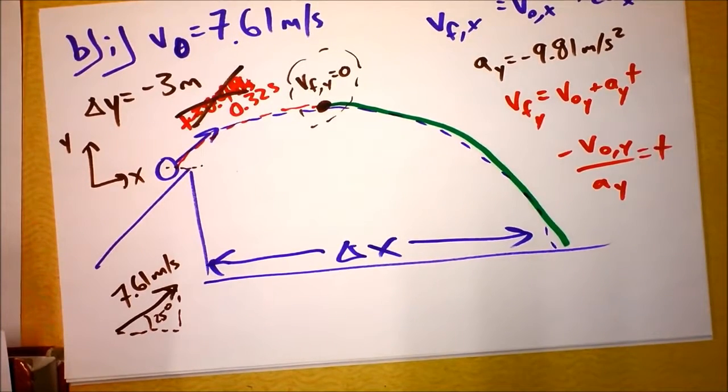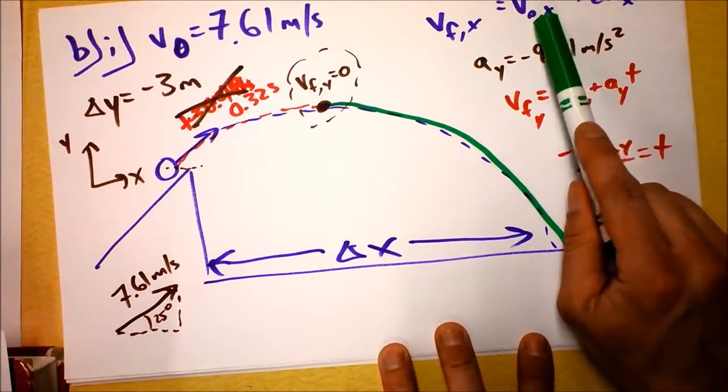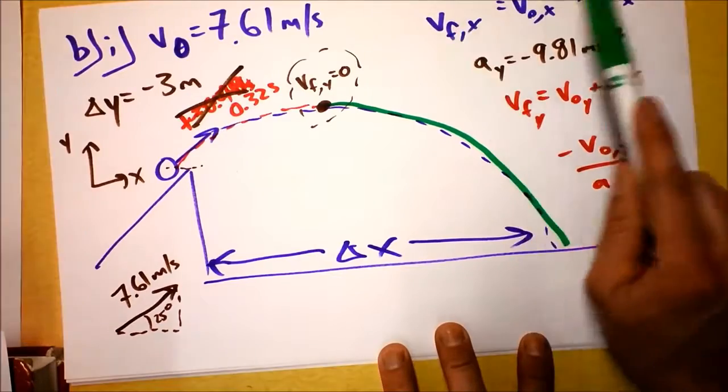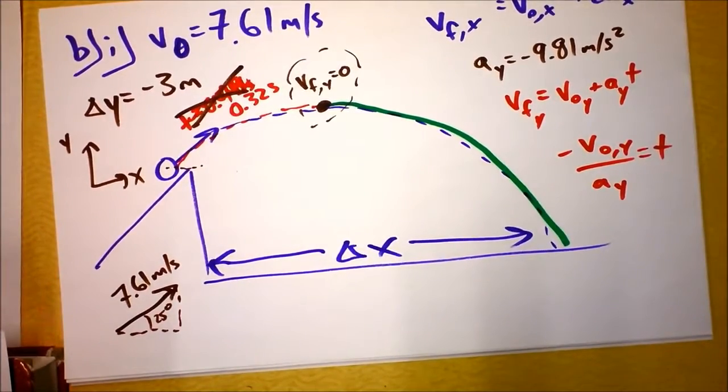The initial velocity in the y direction is known, and the final velocity in the y direction is not known, and delta y is not known. Oh, it went up. But how far?